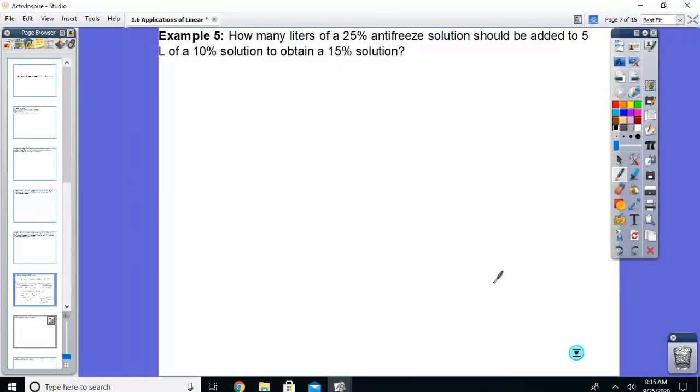Let's look at another one. How many liters of a 25% antifreeze solution should be added to 5 liters of a 10% solution to obtain a 15% solution?